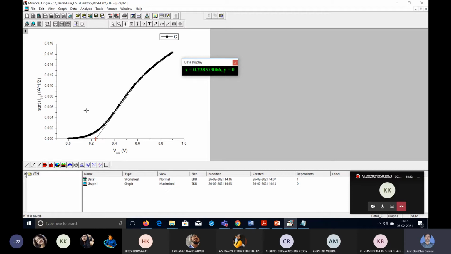And in the equation, underroot ID equals root beta by 2 into VGS minus VT. In this equation, if you put ID equal to 0, then that equation gives VGS equal to VT. So at this point ID is 0, and whatever gate to source voltage you are applying at this point is called the threshold voltage.